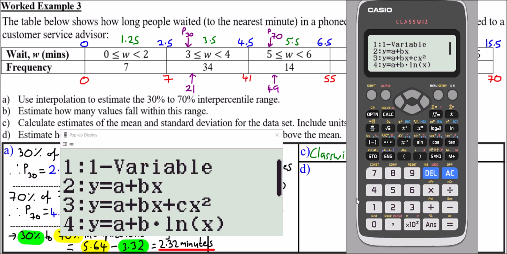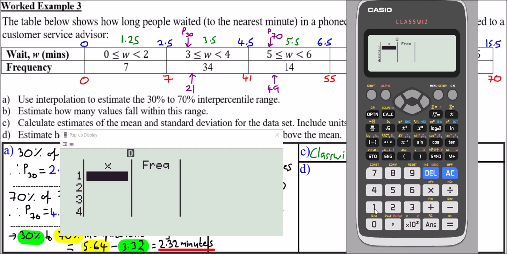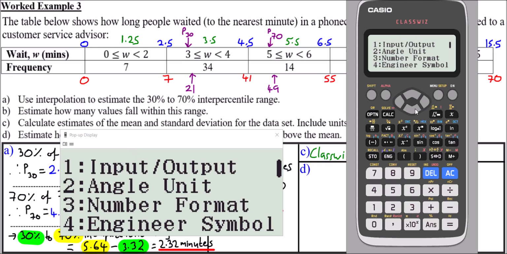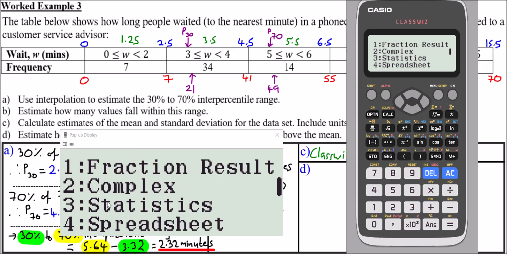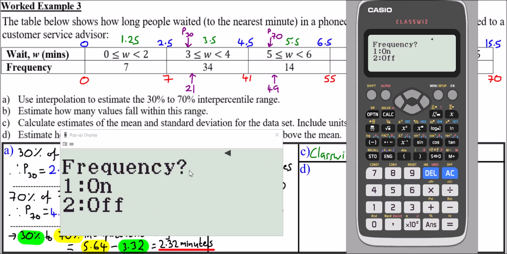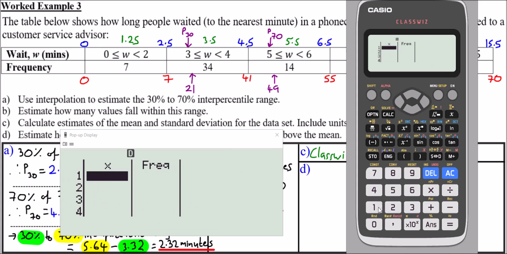We press 1 for one variable. We need to make sure we've got this frequency column. As long as we've got the X, which we'll always have, we need a second column for frequency. If you don't have this, I'll quickly remind you how to get it. You press Shift, Menu, scroll down to Statistics, press 3, Frequency, press 1 to turn it on.